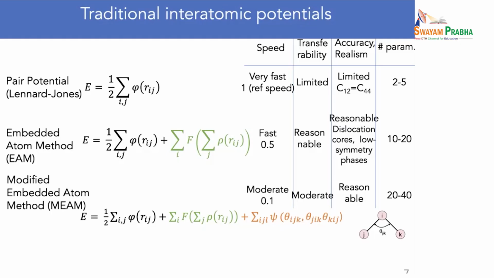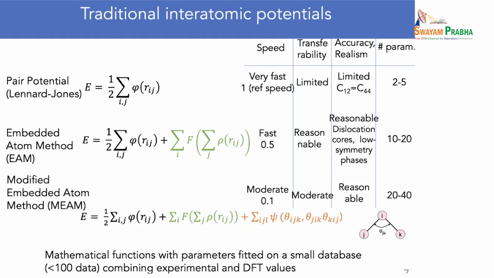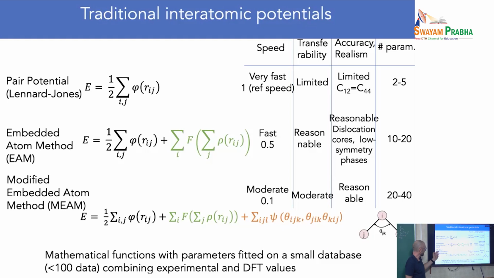Okay? So the idea with these potentials is that you start with mathematical functions for all of the different terms here, and they contain parameters, and then you optimize these parameters. Usually, because you don't have that many parameters here, the database is not very big, usually less than 100 configurations.